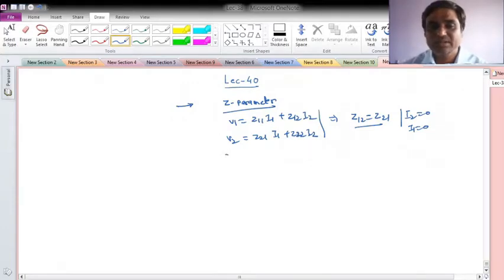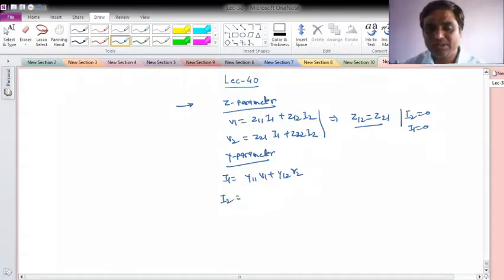Then the next parameter we saw was the Y parameter, which is the admittance parameter. Here the dependent variables will be I1 and I2 and the independent variables will be V1 and V2. So I1 will be Y11 V1 plus Y12 V2, and I2, the current at port 2, will be Y21 V1 plus Y22 V2.